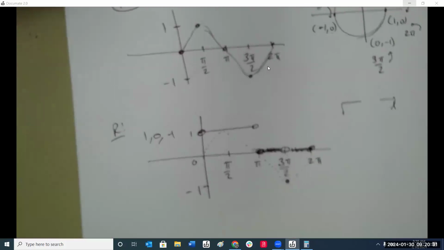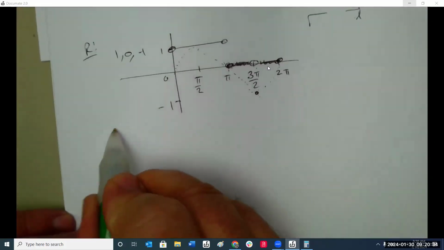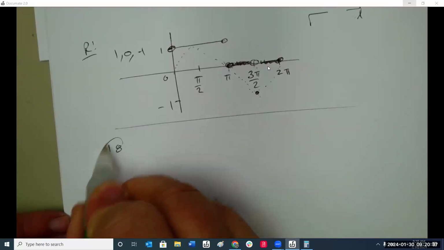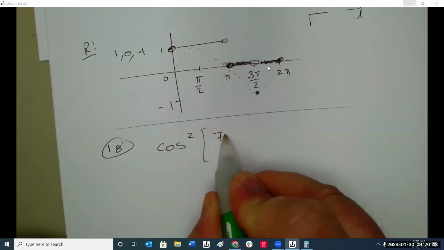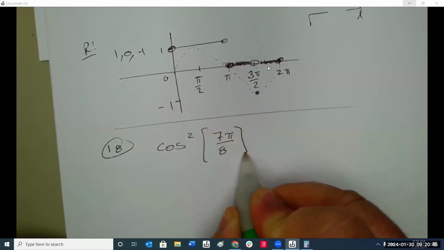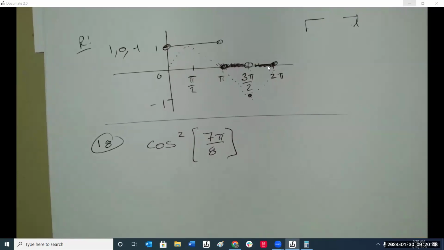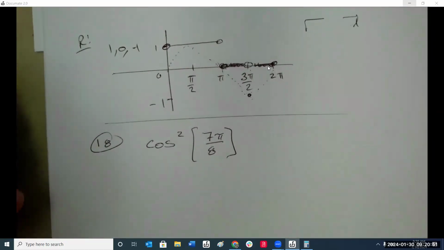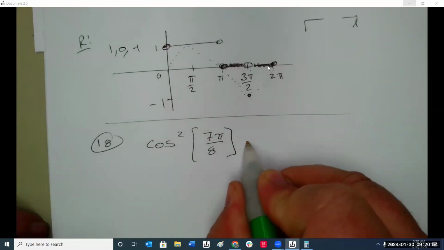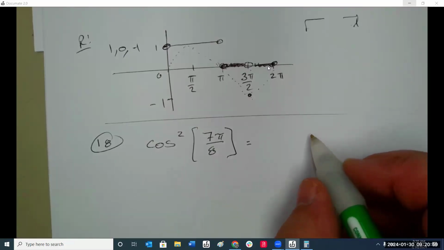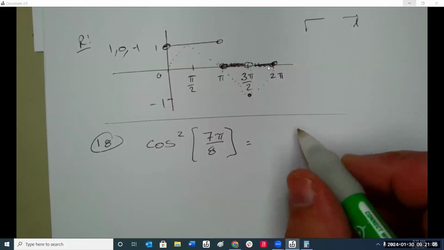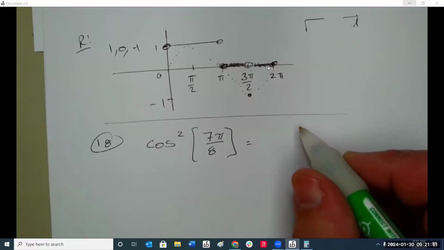Cosine squared 7 pi over 8. So we have cosine 7 pi over 8.